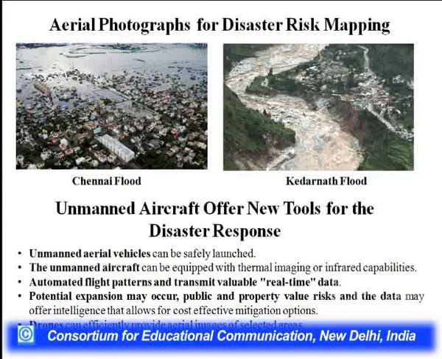And now the drone, an unmanned aircraft, offers a new tool for disaster response. Aerial photographs, color aerial photographs can convey a lot of communicated data, automated flight patterns, real-time data can be generated, and finally I can tell you the drone can be very efficiently used.